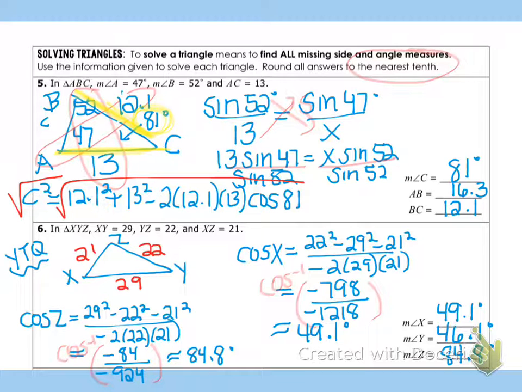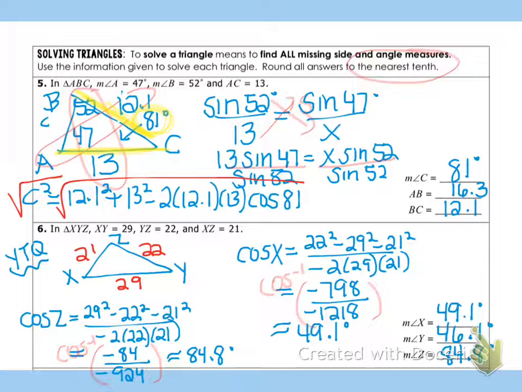Whereas if you had used the law of cosines first, which is what you would have had to do, and then used that angle and the side across from it to do the law of sines, then you'd have to consider the two possibilities. So I thought it was easier in this case to just use the law of cosines twice. And that's typically, if you're given all three sides, what I would always do, because that's dependable. There's just one possibility with law of cosines. So I found angle x first, and then I found angle z.